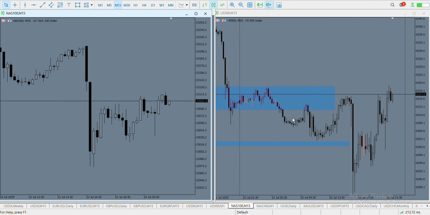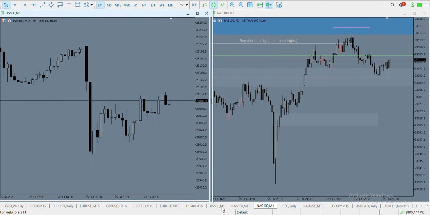So 15-minute chart, still doing nothing. It's trading higher, trading at 6,317 now.